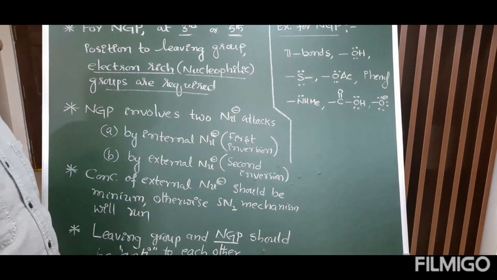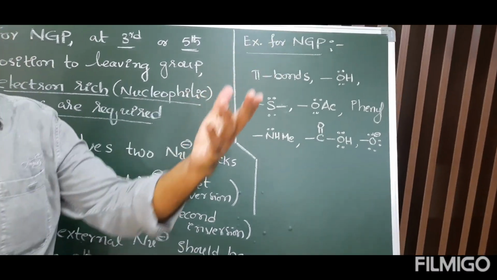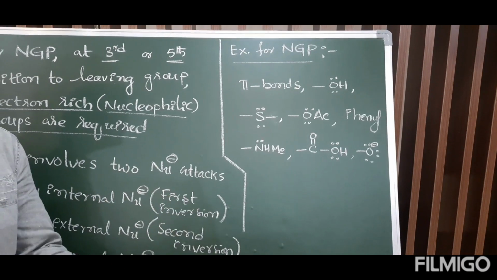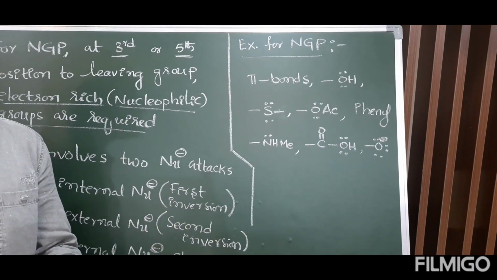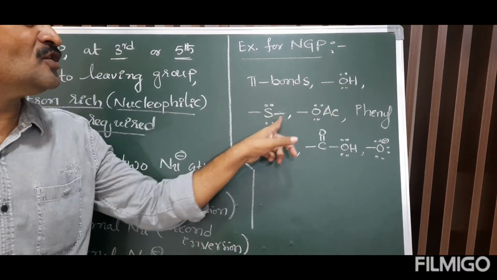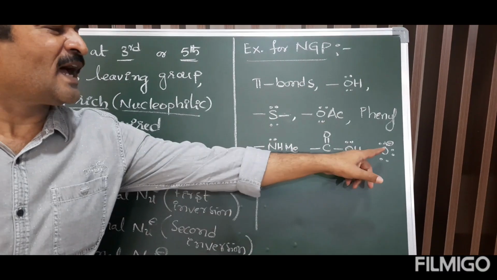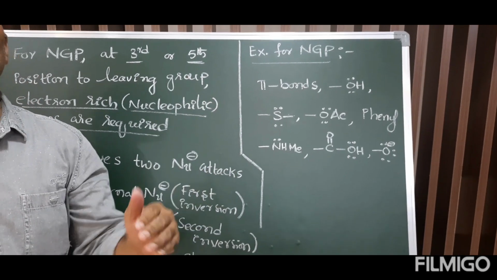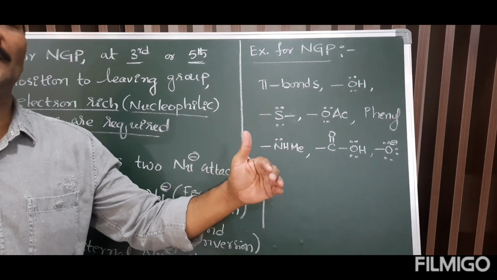And last point, students, which are the examples of neighboring groups? What I am saying is electron rich groups or pi bonds, or the groups having lone pairs, show the neighboring group participation when they are located at the 5th and 3rd position.